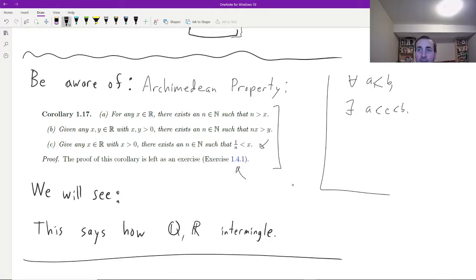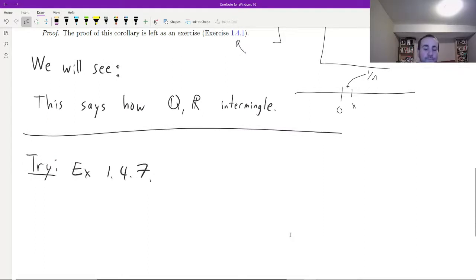In particular, one thing that we're going to be seeing very soon, based on property C, is that if we have any real number x that's a little bit bigger than 0, we can sneak in a rational number 1 over n that's between 0 and x. So in particular, what we're going to see is that Q is all mixed up throughout R. There's no way to take a chunk of R and entirely exclude Q from it.